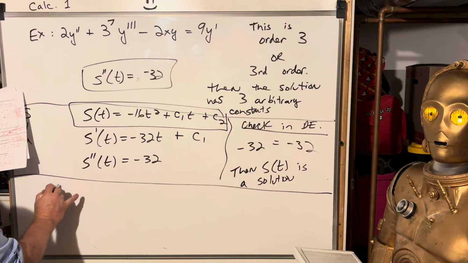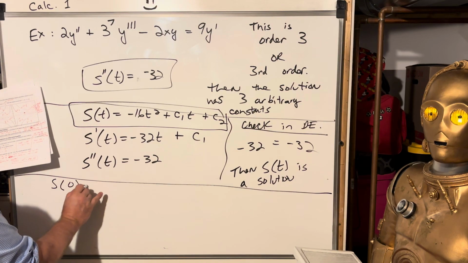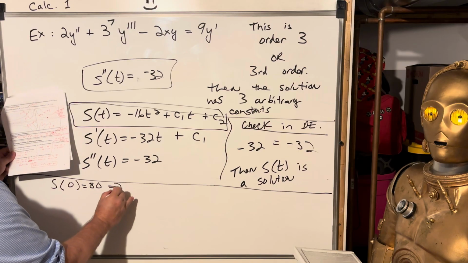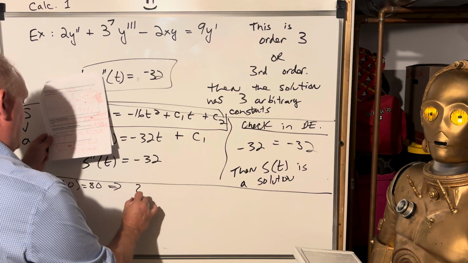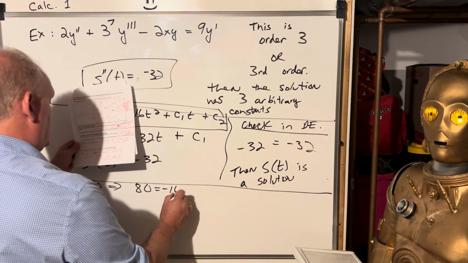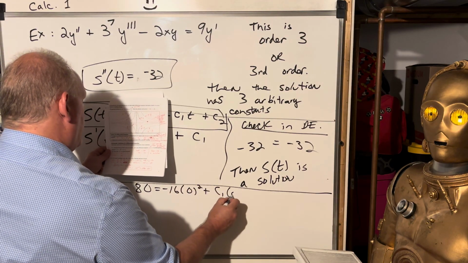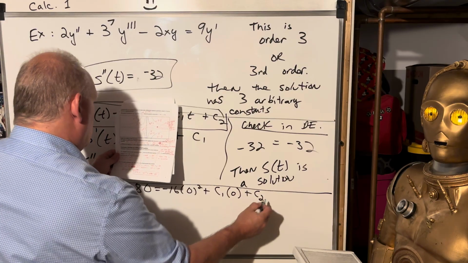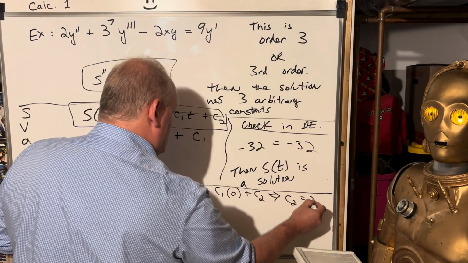And so we're going to find that by just taking S of 0 equals 80, which means, this is part B, we put in 80 is equal to negative 16 times 0 squared plus C1 times 0 plus C2, which produces C2 is equal to 80.